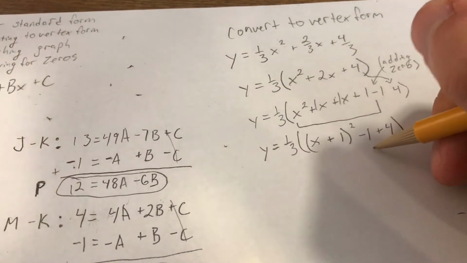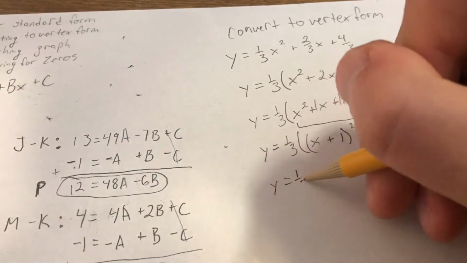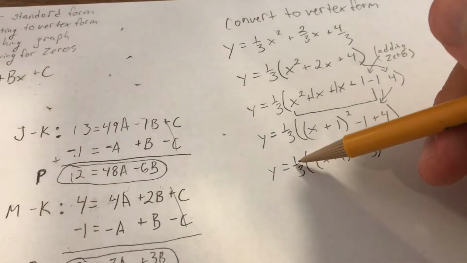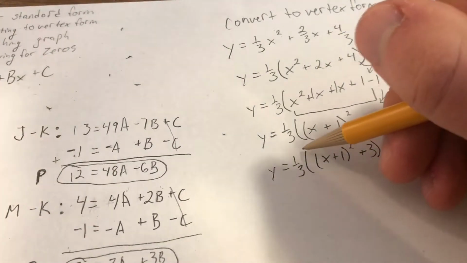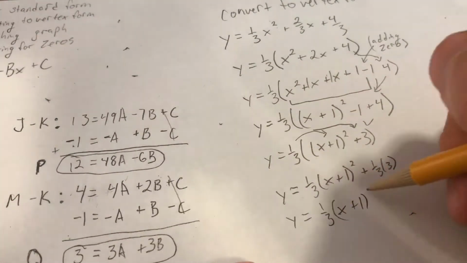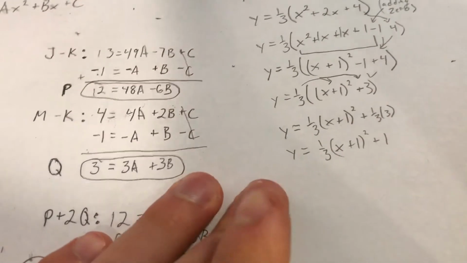From there, I'm going to simplify this so both of these came down here. And finally, I want to redistribute that 1/3 to both these terms. Now that I have this in vertex form, it'll be really easy to sketch this out.